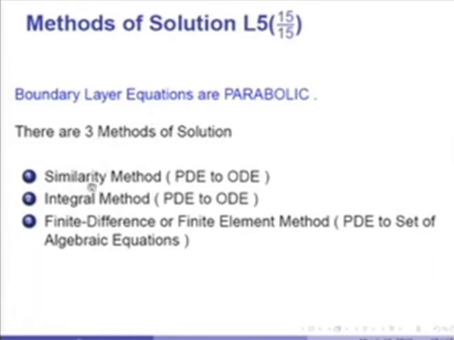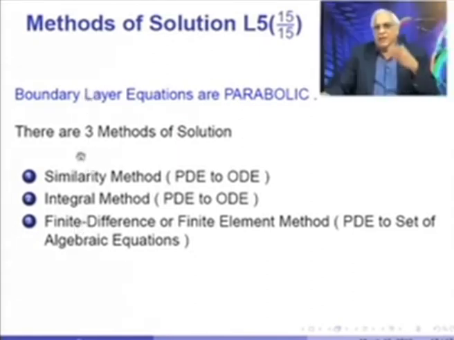The first one is called the similarity method, in which the partial differential equations are converted to ODEs, ordinary differential equations, then the integral method, and then the numerical method, finite difference or finite element. We will take up these methods in the next lecture.